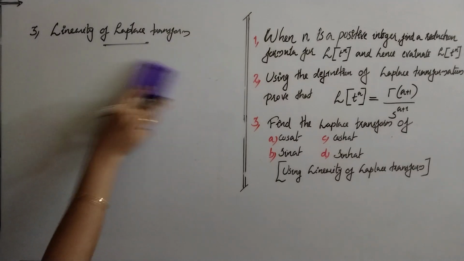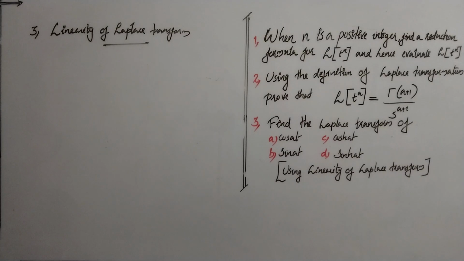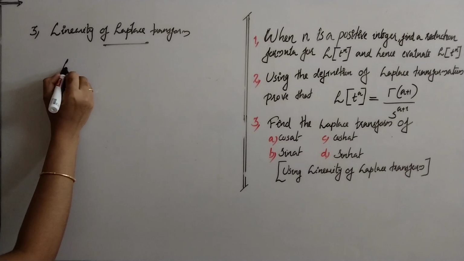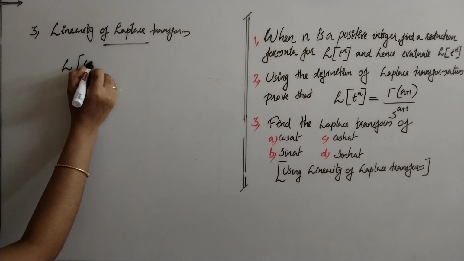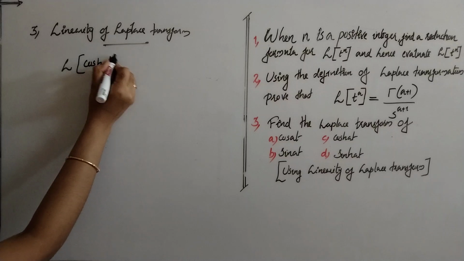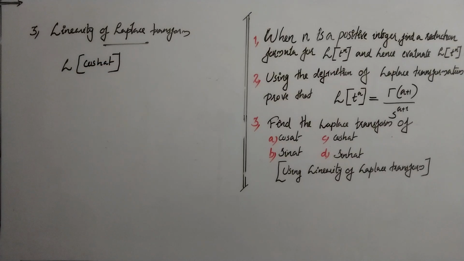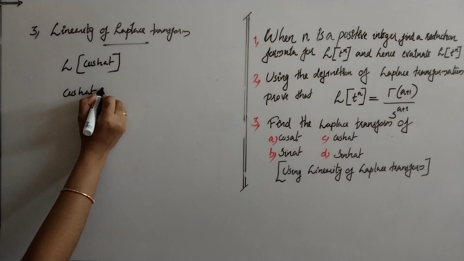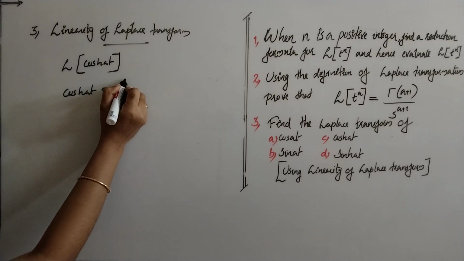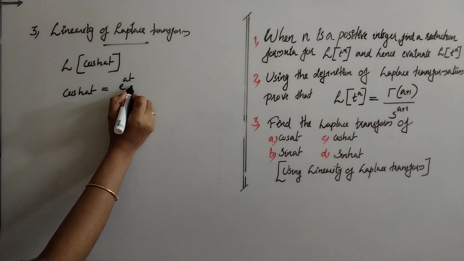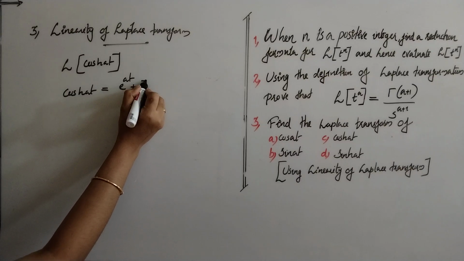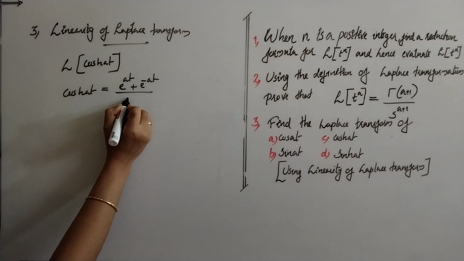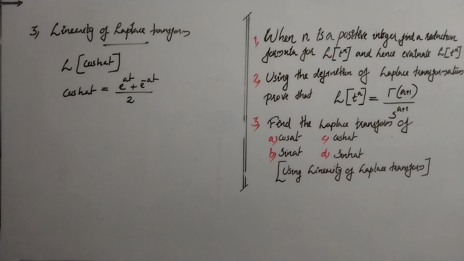Now the third one is Laplace transform of cosh at, and the fourth one is sinh at. Laplace transform of cosh at. We know that cosh at is equal to what? e raised to at plus e raised to minus at divided by 2.